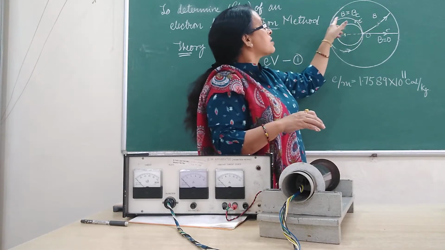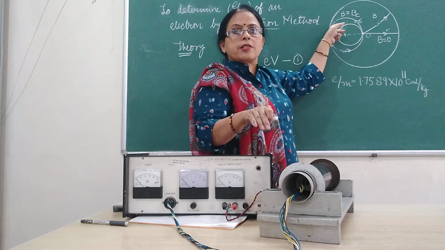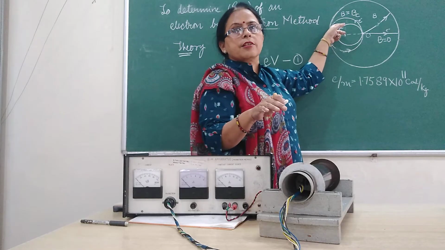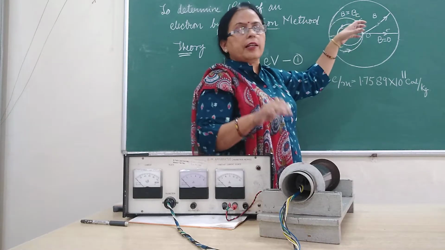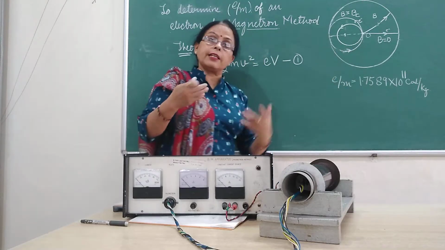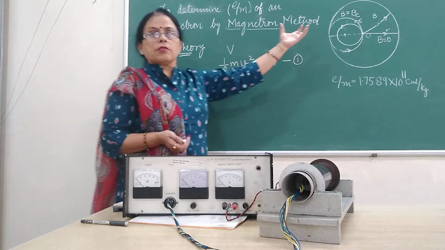But as soon as it reaches this critical value, it drops suddenly and becomes practically 0, theoretically 0, when the magnetic field is greater than the critical magnetic field. So this is our theory.